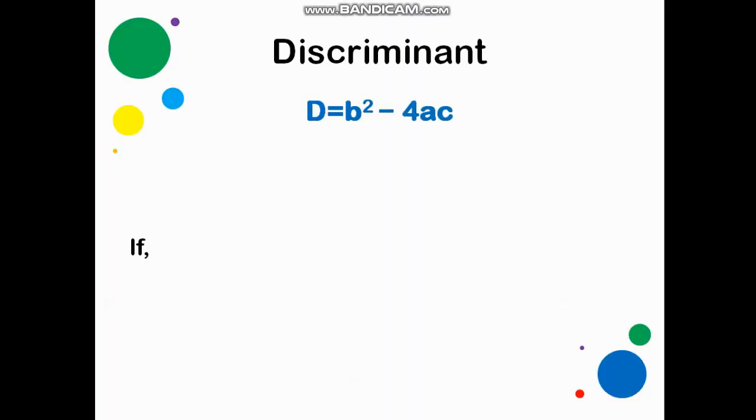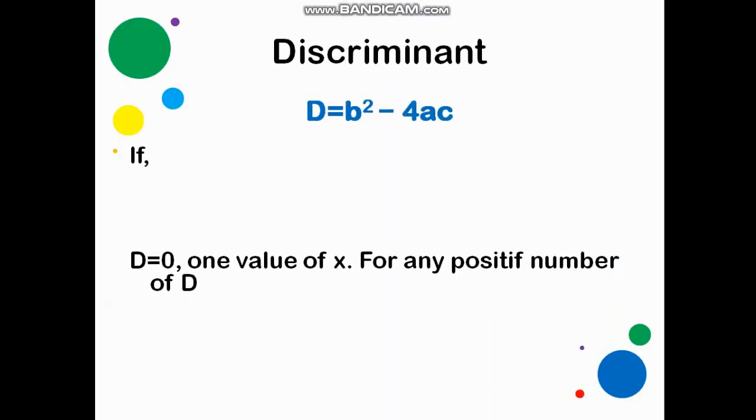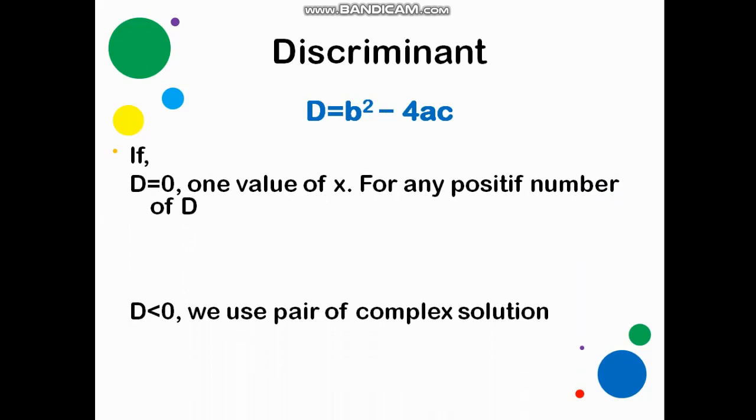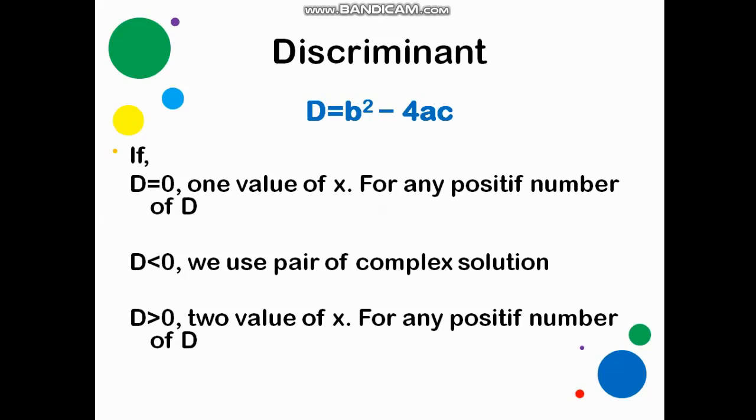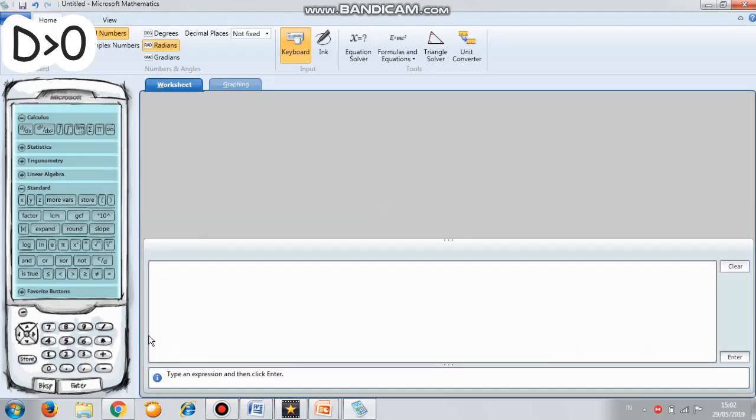The discriminant D equals b squared minus 4ac. If D is equal to 0, there is one value of x. If D is less than 0, we use a pair of complex solutions. And if D is more than 0, there are two values of x.